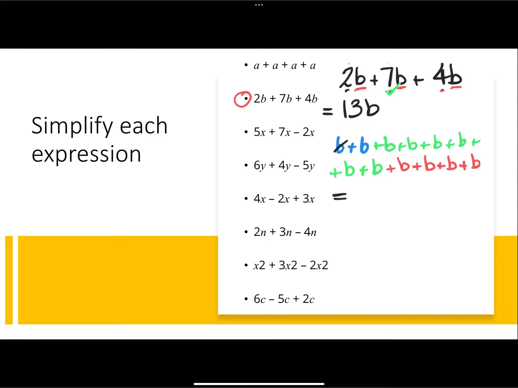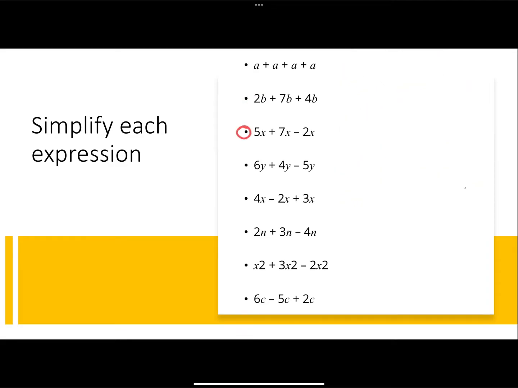Let's count them. 1, 2, 3, 4, 5, 6, 7, 8, 9, 10, 11, 12, 13. 13 b's. Now this method is only going to work because all of these are positives, so they're all going to add up. I need to be really careful about these signs, and if there are any negatives in there, then I need to actually factor that negative in.